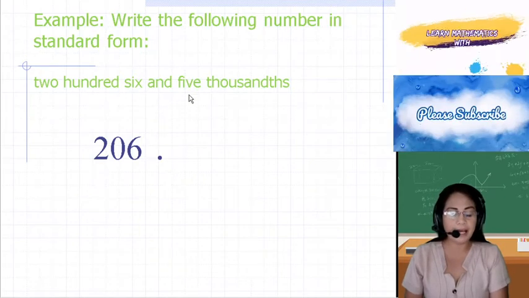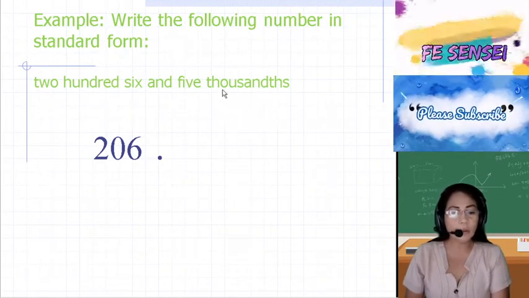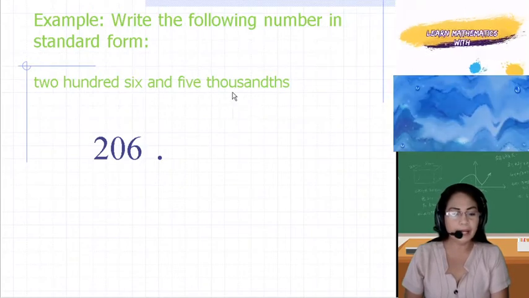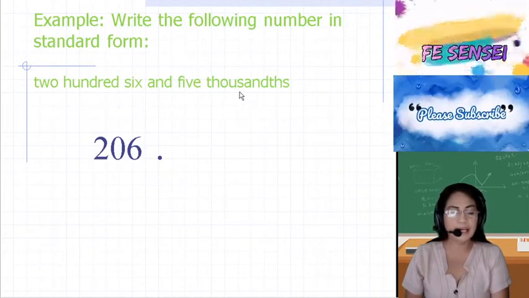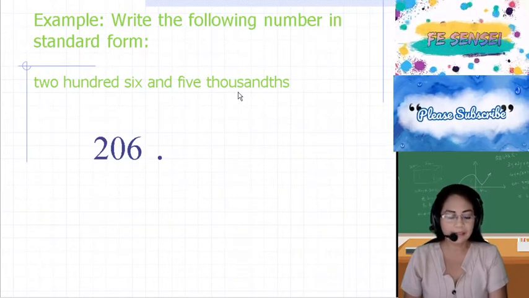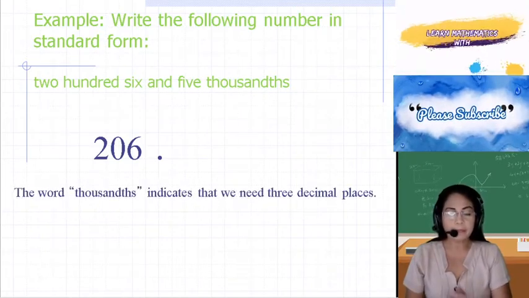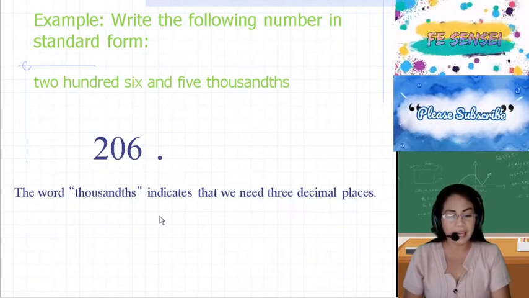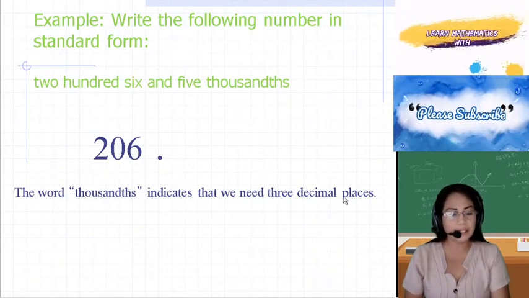Then 5 thousandths. So what is the last place value, or the last digit? It's in the thousandths place. Therefore, it indicates that we need 3 decimal places.